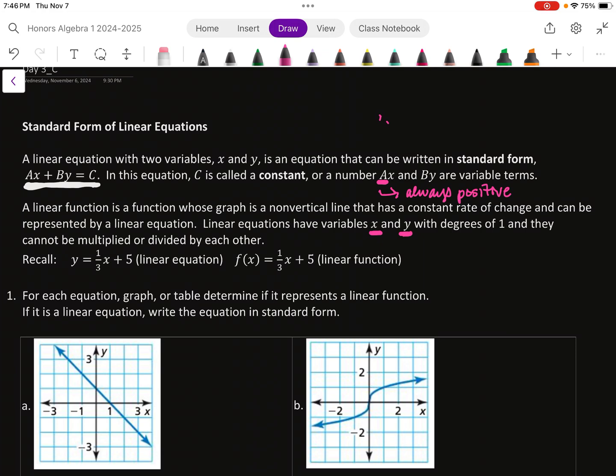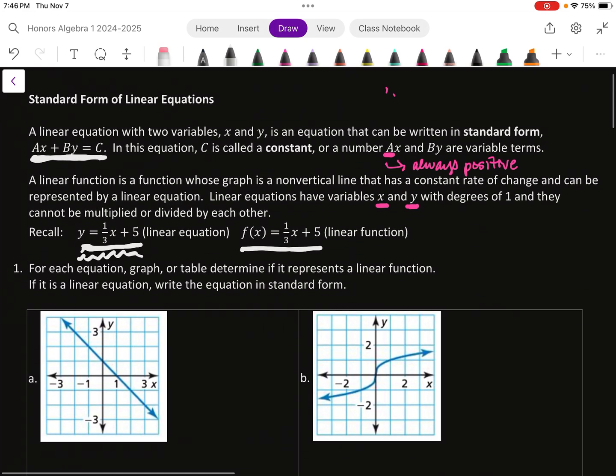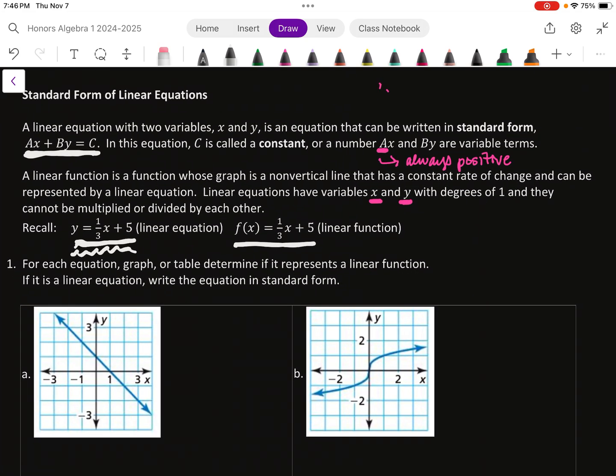So here I have the equation that we had from last time. Y is equal to 1/3 x plus 5, and then here it is in function form. We will see a lot of things like this today, but we won't be graphing them as you typically have graphed that equation before. So for each equation, graph, or table, we're going to determine if it represents a linear function or not.